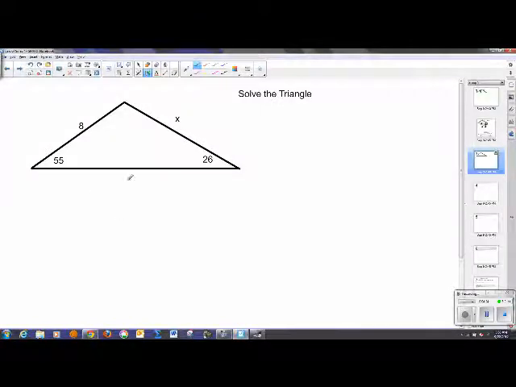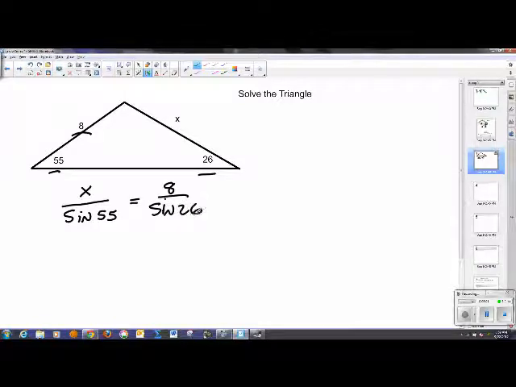Notice I'm given two angles and a side, and I'm looking for the opposite side. So I can say that x value over the sine of its opposite angle is equal to the side of 8 over the sine of its opposite angle, 26. And then we're just going to plug that into our calculator.